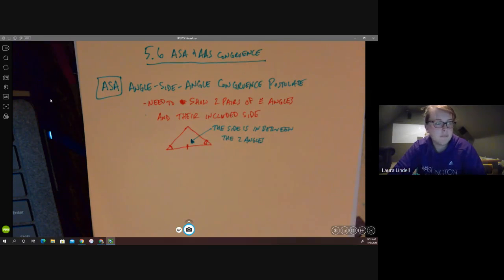All right, so that's the important thing with angle, side, angle. You need two angles, and you need the side that's in between them. So we'll do a couple examples of how we might see angle, side, angle real quick.